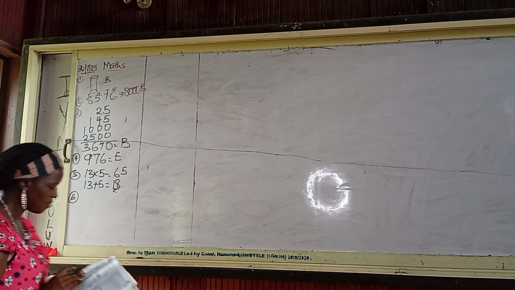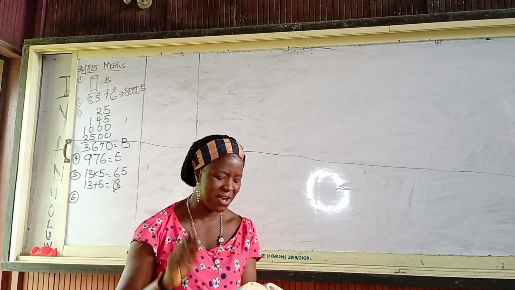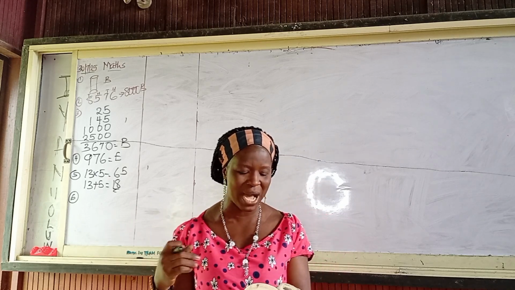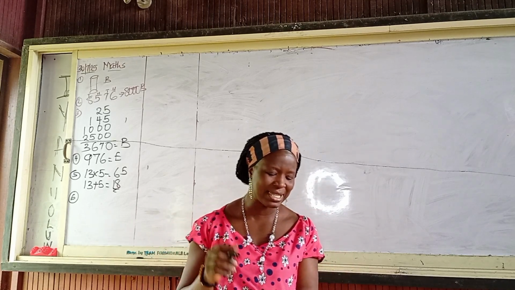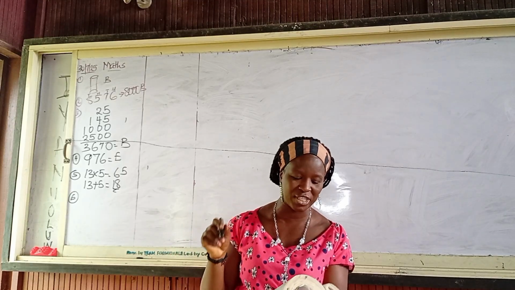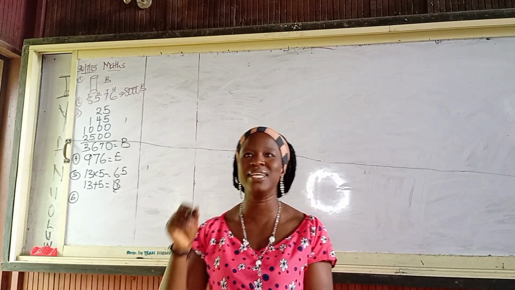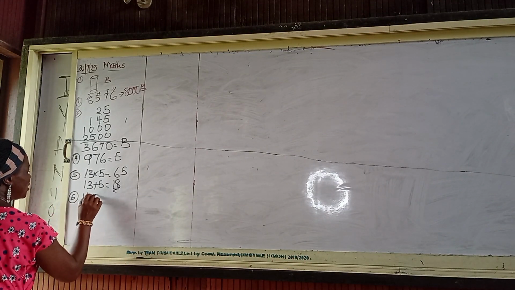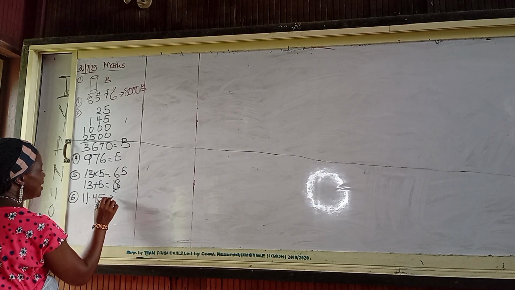Number 6 says, a bell tolls every 30 minutes on the hour and at 5 past the hour. How many times does the bell toll between the time of 11:45 and 3:10? 11:45 to 3:10.